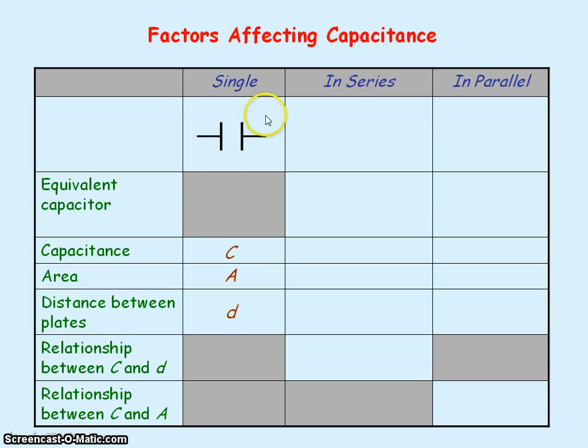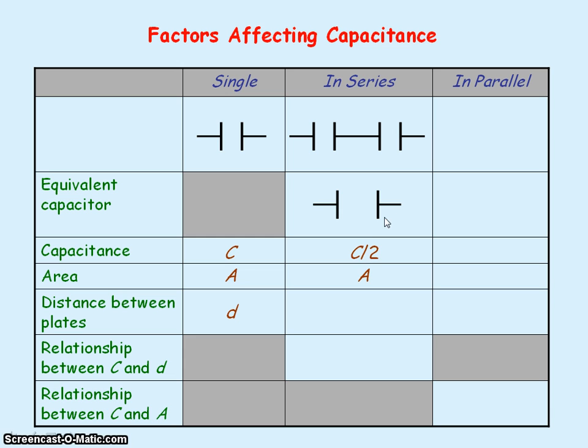Now if we have two identical capacitors like this in series, where the equivalent capacitor will be this, the total capacitance in series is found by adding the reciprocals, and because they're identical capacitors, they will have an overall capacitance of half of C. The area of overlap between the plates is the same.